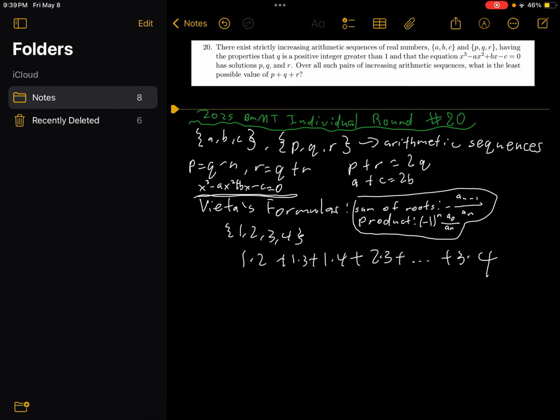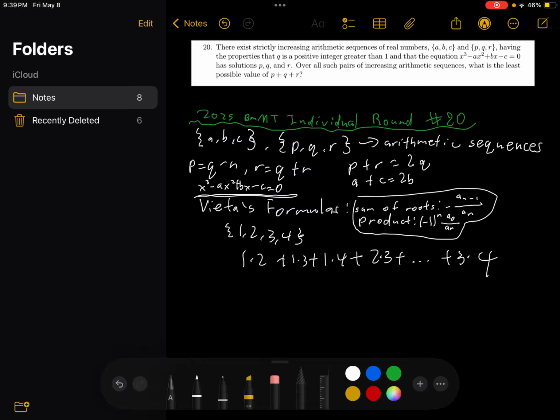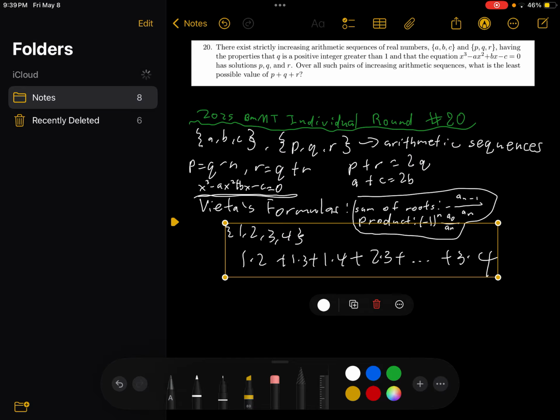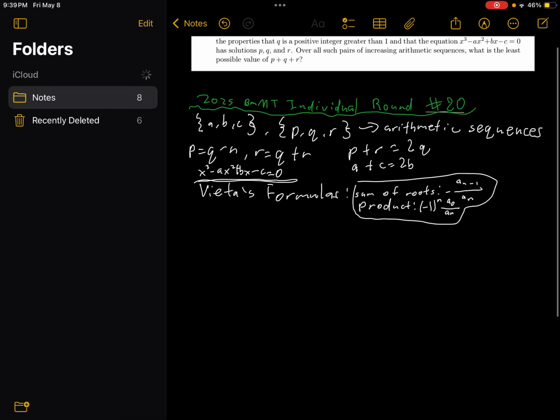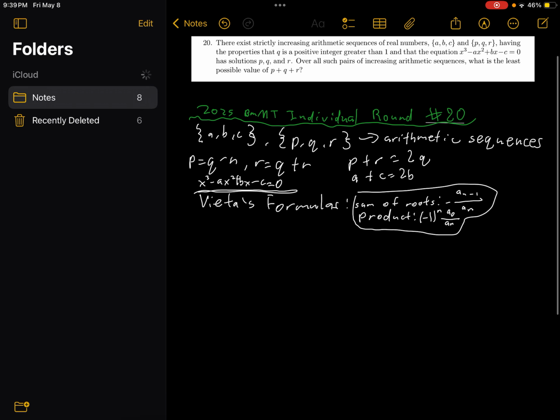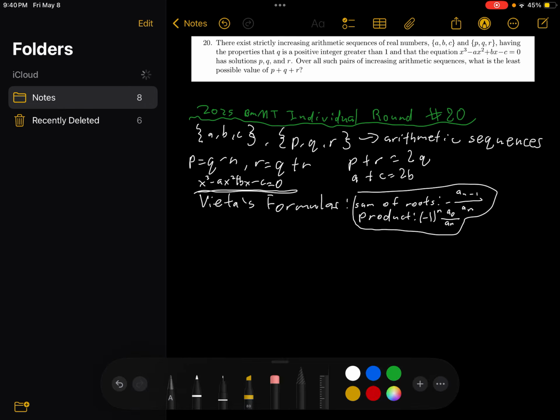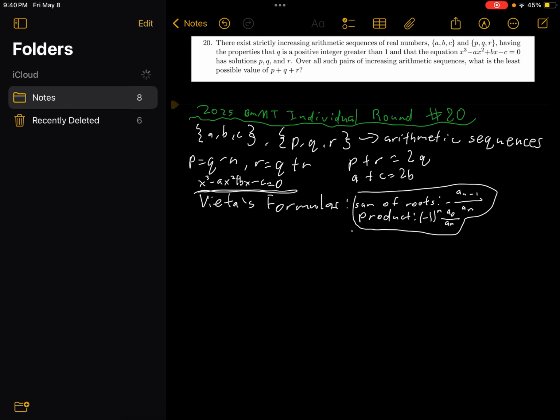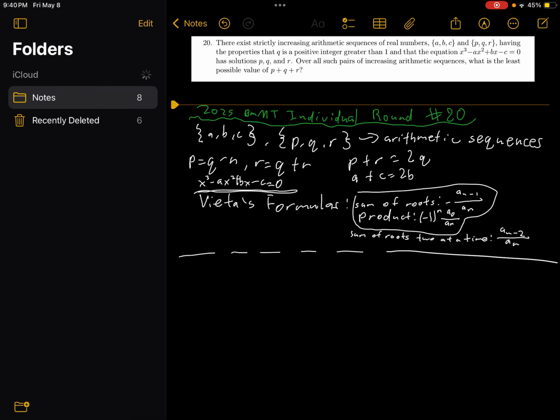So that's what the third formula is about. It gives that the sum of the roots two at a time is a sub n minus 2 over a sub n.